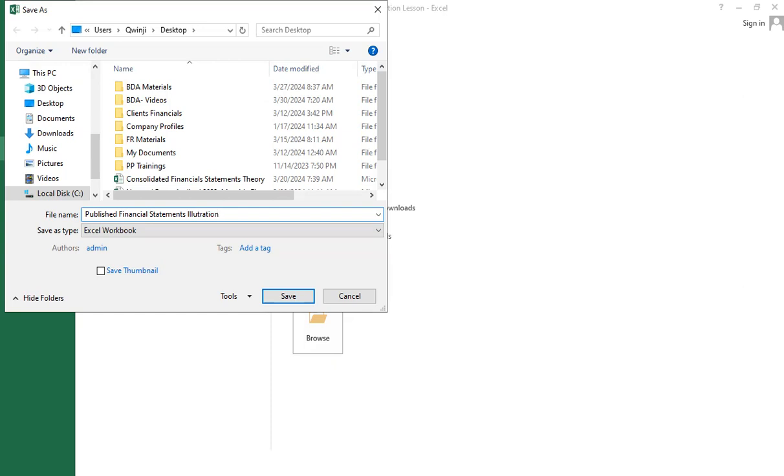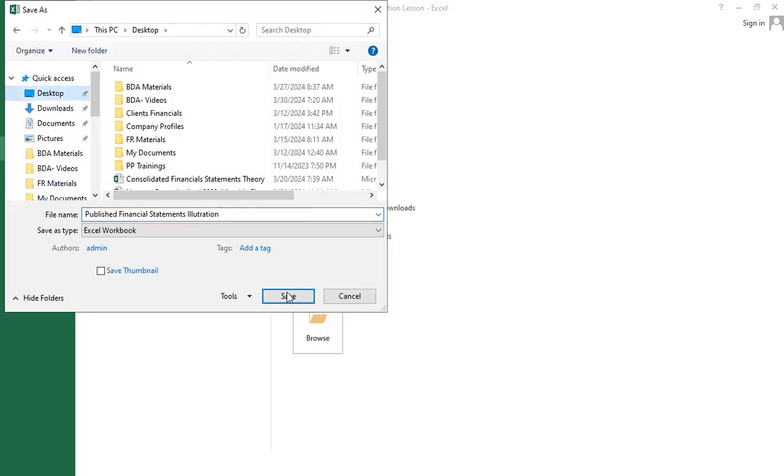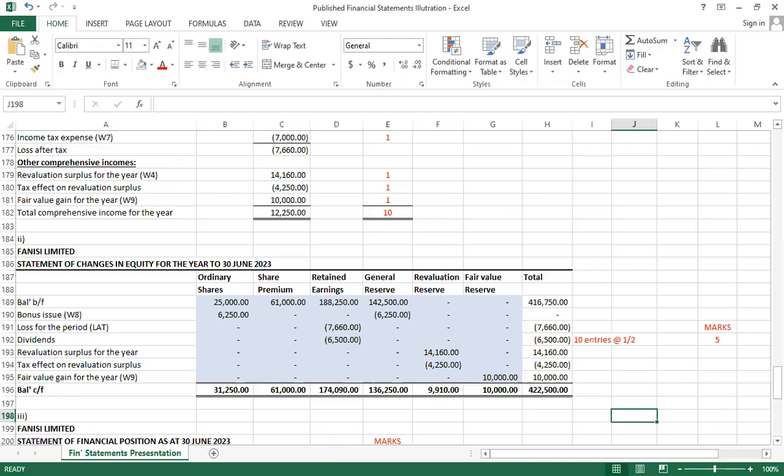There's an Excel which I've sent to the WhatsApp group, which I called consolidated financial statements theory.